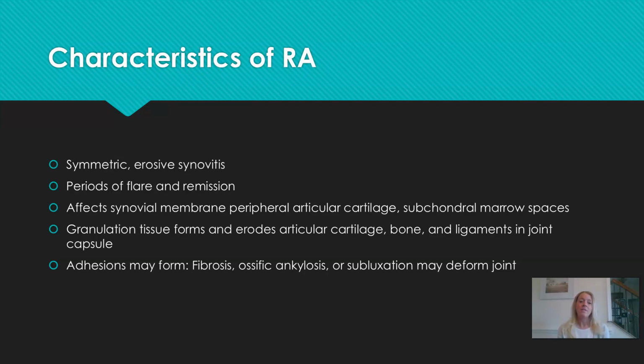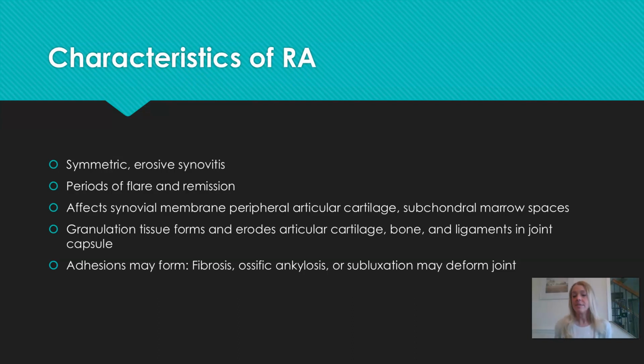Again, there are periods of flare and remission, and again, it attacks the synovial membrane and the subchondral marrow spaces as well. So it gets down into the bones itself. Granulation tissue can form, and that's what starts to eat away at the articular cartilage. So when that starts to happen, the person is also going to present with signs and symptoms very similar to osteoarthritis.